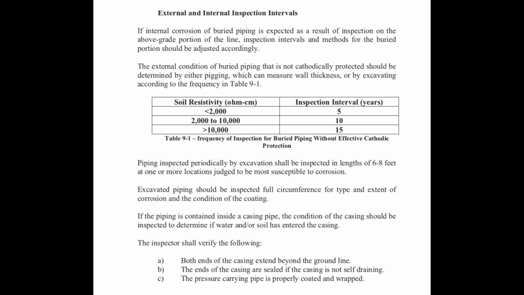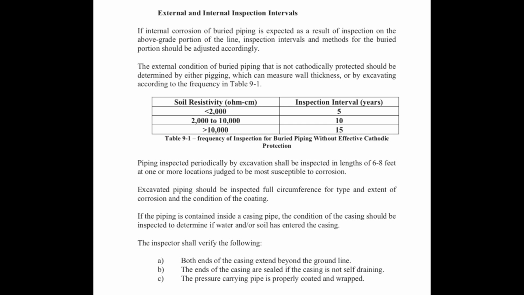If internal corrosion of buried piping is expected as a result of inspection on the above ground portion of the line, inspection intervals and methods for the buried portion should be adjusted accordingly. The external condition of buried piping that is not cathodically protected should be determined by either pigging, which can measure the wall thickness, or by excavating the area.